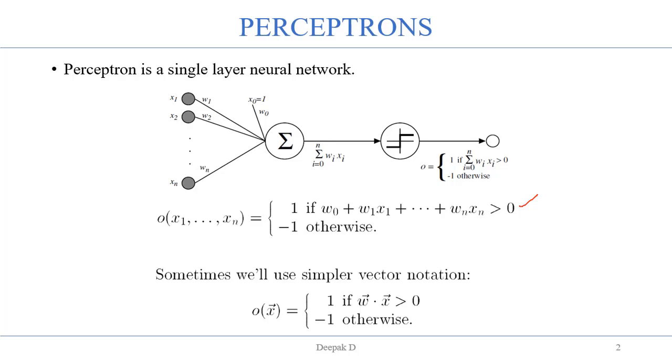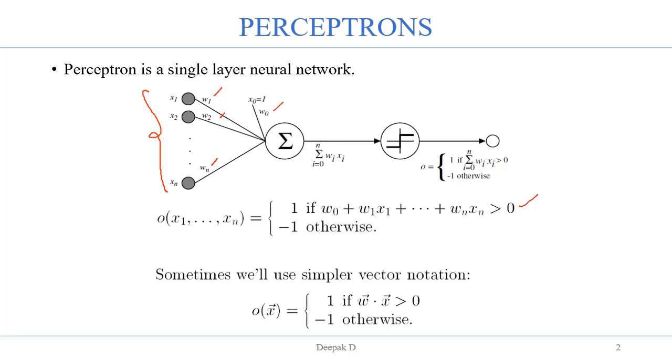The first part is the inputs. The inputs are x1, x2 till xn, and the next one is the weights and bias. Here you can also see w1, w2 and wn. These are called weights, which are associated with inputs, along with the bias value.